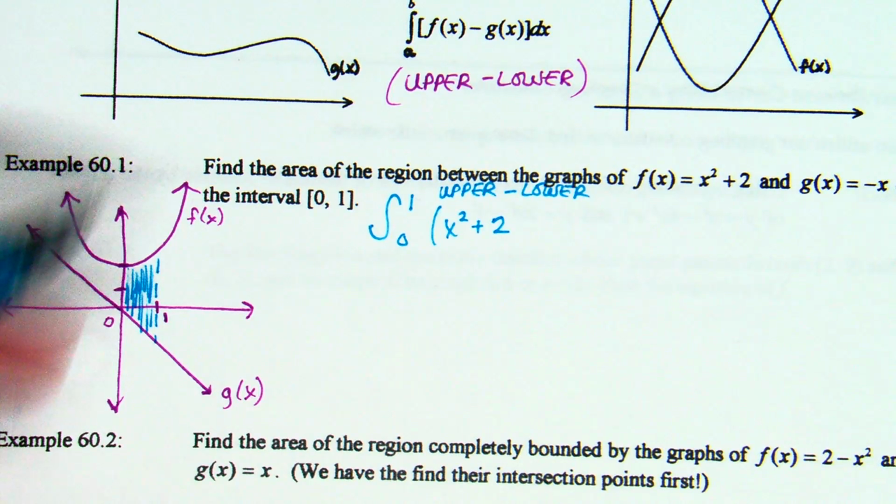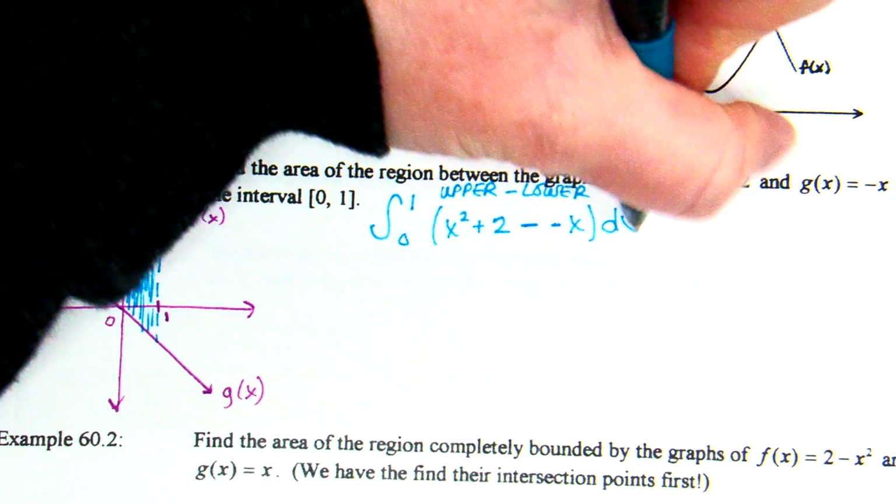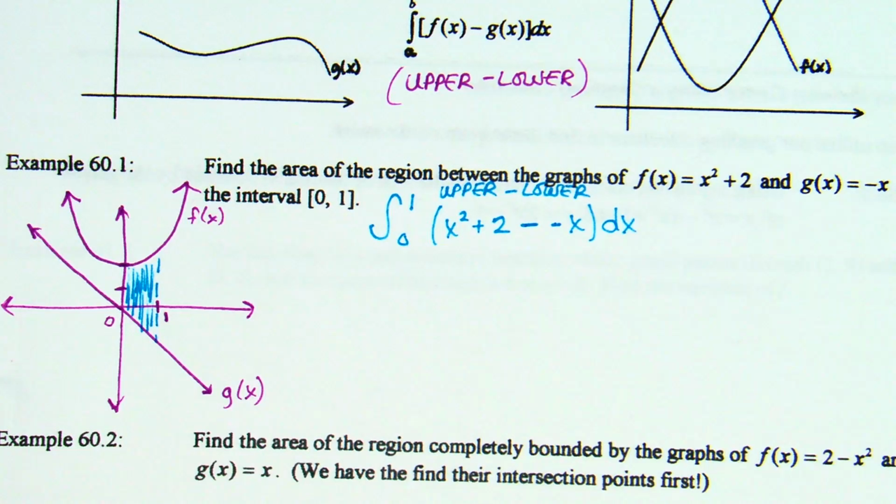Negative X. So it's going to be minus negative X. You could close your parentheses and then open another set if you want. But the key is that technically that whole thing has to be in one set of parentheses or bracket because that dx goes with everything.